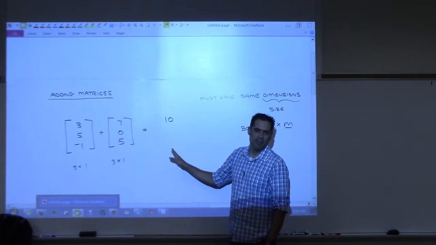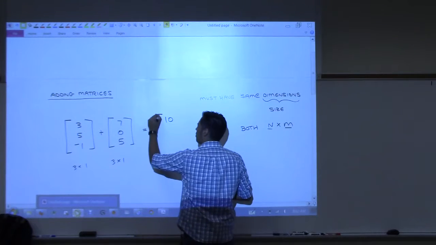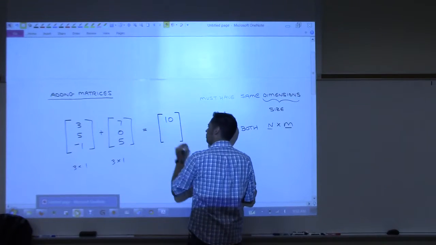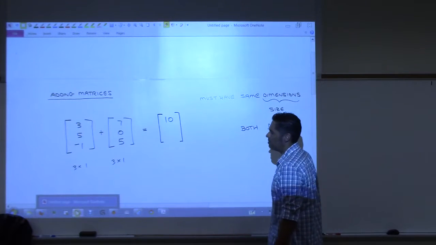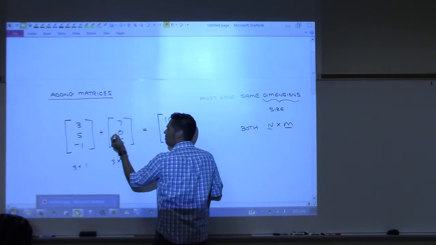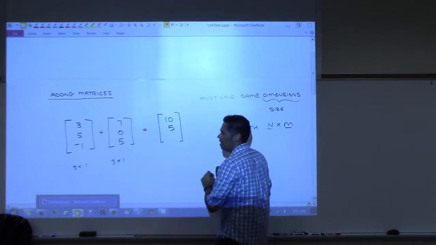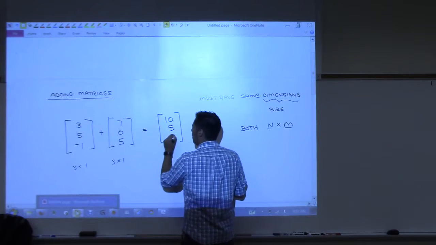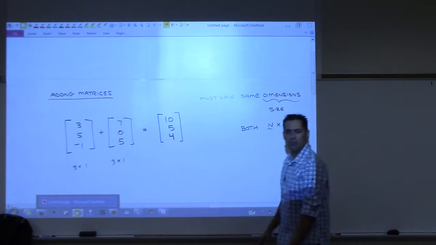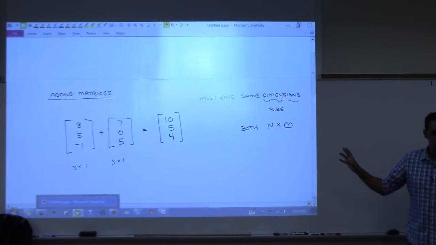Yes, it actually turns out to be a matrix. So your matrix looks like this. 10, and then the next one would be 5. That's adding the second row, first column, second row, first column. 5 plus 0 is 5. And then the last one, negative 1 and 5 would give you 4. Does that make sense, matrix addition?